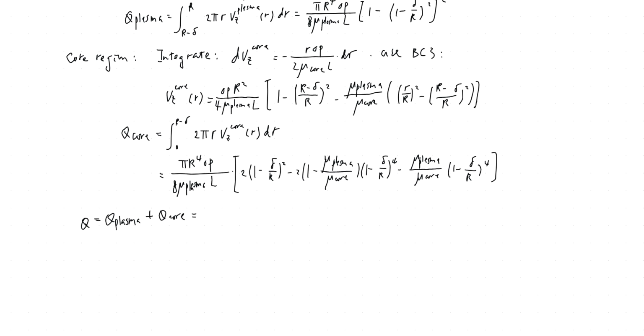So try to verify it on your own. You will get pi R to the power of 4 delta P divided by 8 mu plasma multiplied by L. Then in the parentheses, after you combine the two terms and do some cleanup, it becomes something a little bit shorter. So that's good.